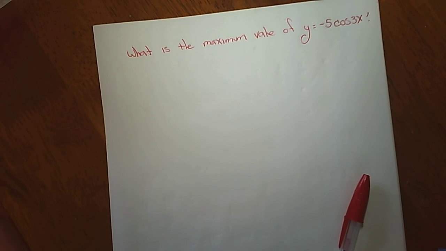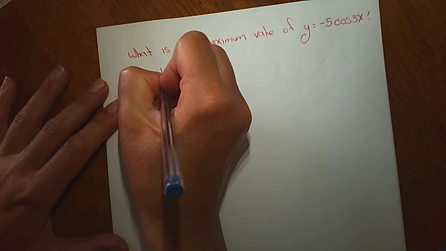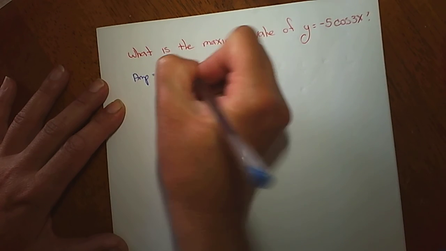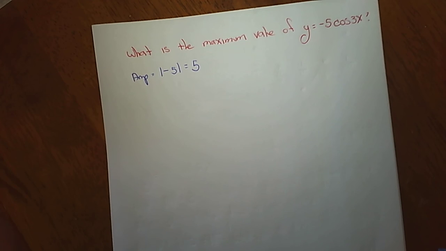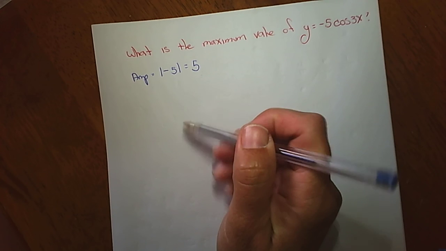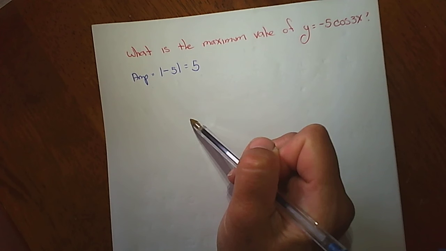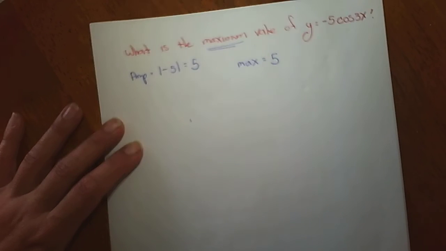Take a second and see what you would come up with for that one. Okay, well, the amplitude would be the absolute value, right? So that'd be 5. So the amplitude tells me how low I go and how high I go. So this means this would go down to -5, and the maximum would be 5.